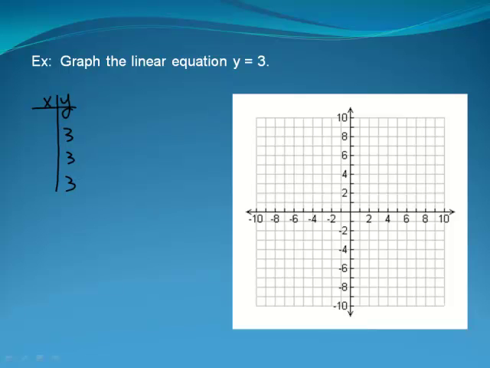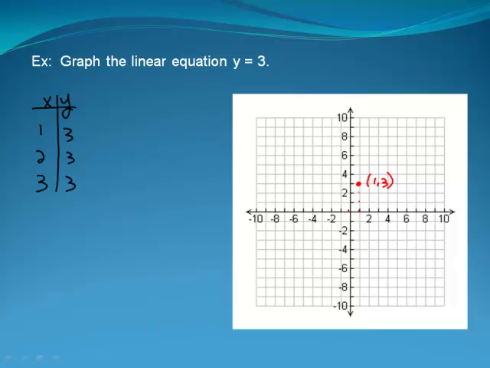Otherwise, you won't have an equality. Now, x, on the other hand, isn't even in the equation, unless you want to put a 0 in front of it. So x could be anything that you want. So I'm just going to pick 1, 2, and 3. Let's graph those points. So from the origin, 1, 3 means 1 to the right and 3 up. So we're going 1 to the right and 3 up.